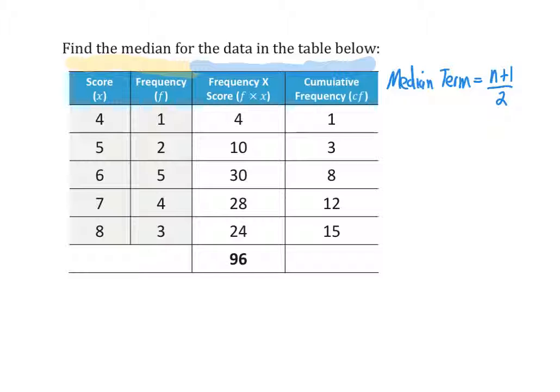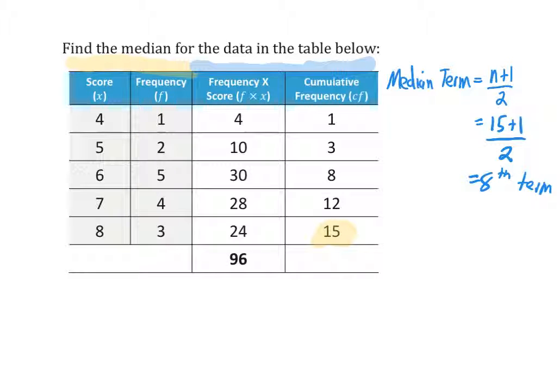To do that within the table, we need to look at the end of the cumulative frequency column, and you will see that we've got 15. So our median term is going to be 15 plus 1 divided by 2. So 15 plus 1 is 16, divided by 2 is 8. So we're looking for our 8th term.